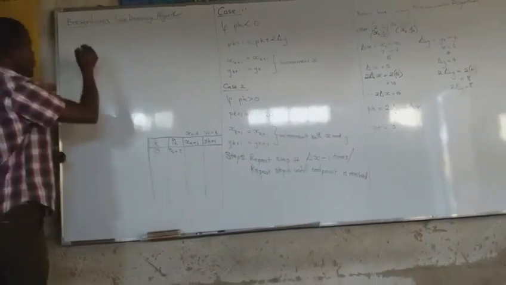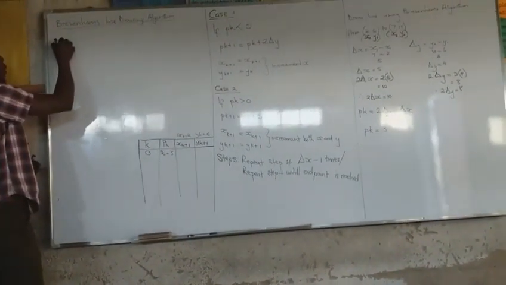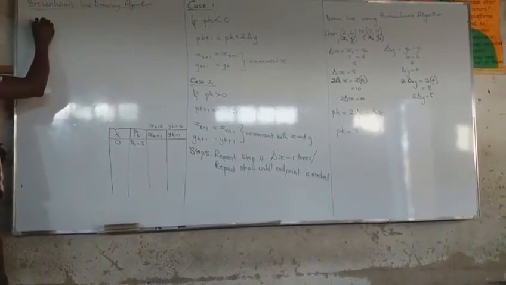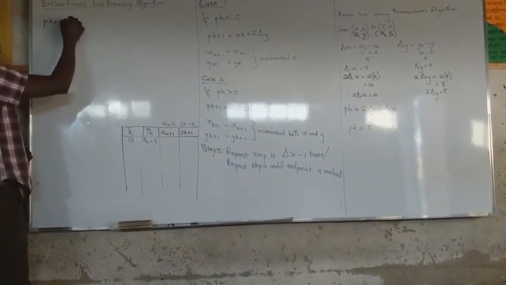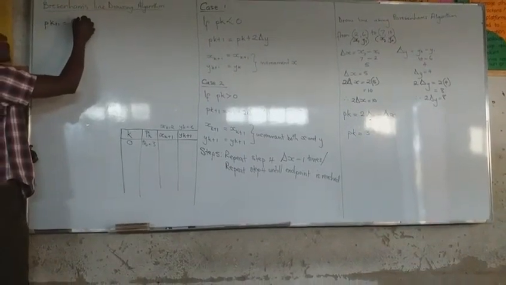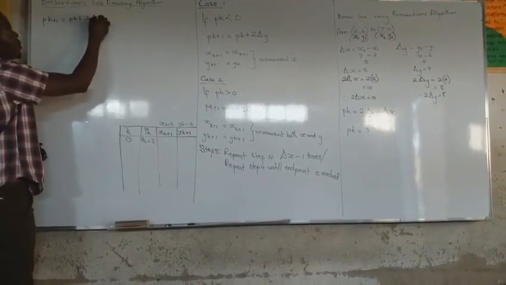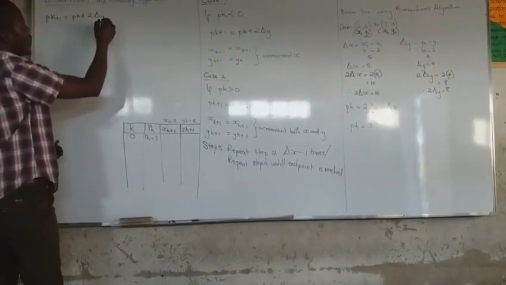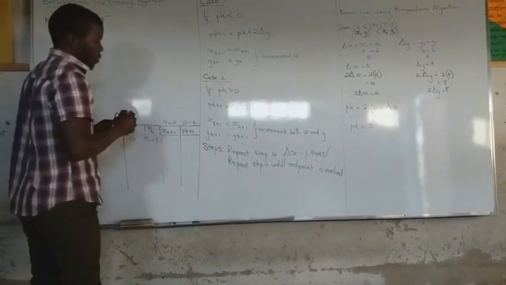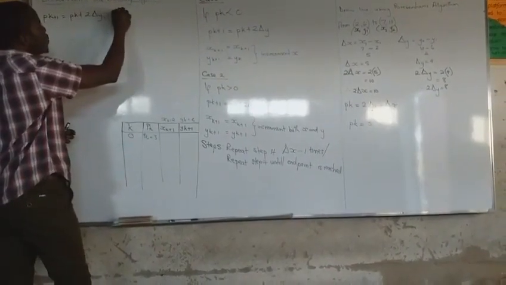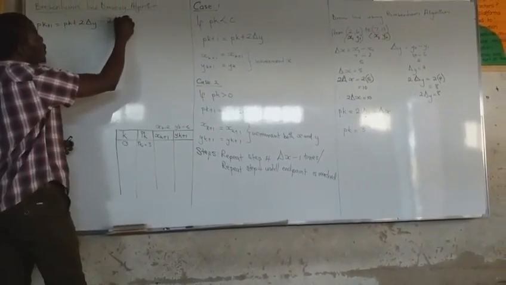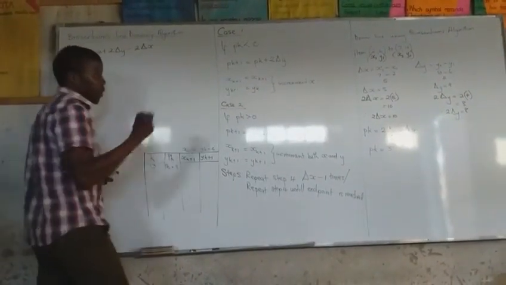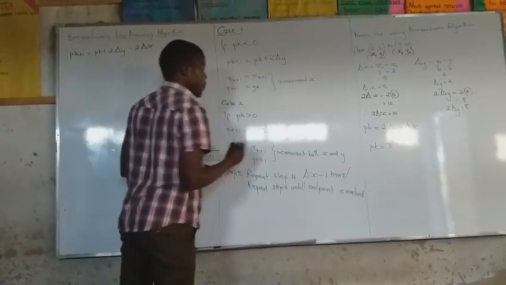So we say our next pk is equal to pk plus 2 delta y minus 2 delta x. Right. Let's update here.